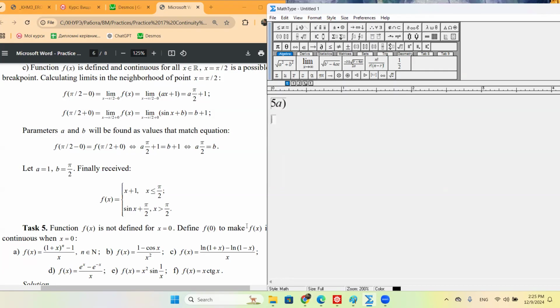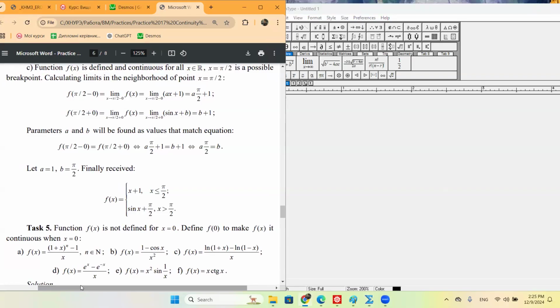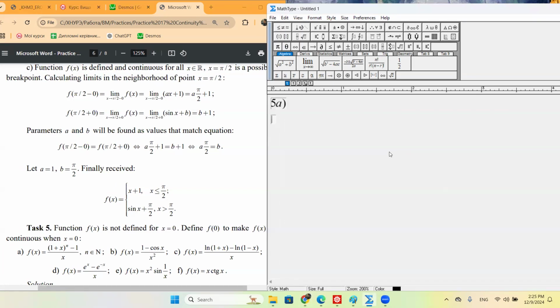So we need to define the function at the point x equals 0. It is a spoiler that the breakpoint is removable. But we need to calculate limits just to understand the behavior of the function in the neighborhood of 0.